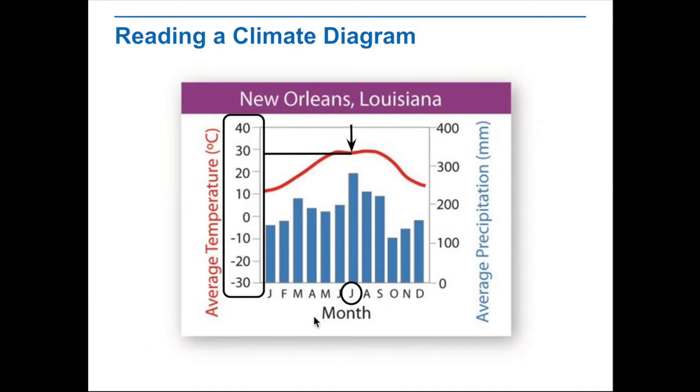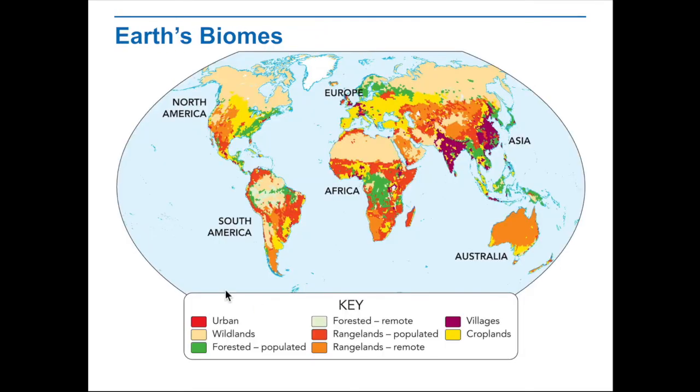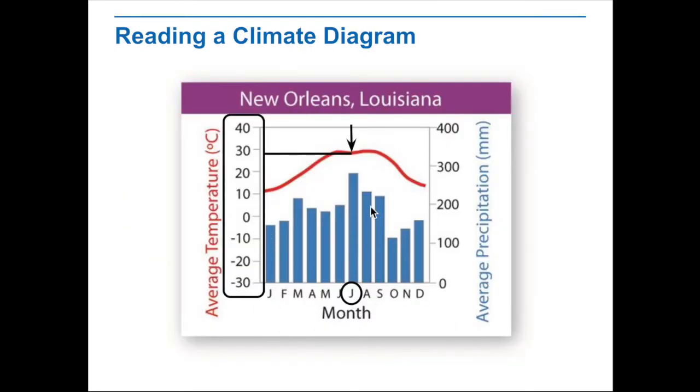One more question. What season is New Orleans the rainiest? What do you think? Well, we're going to look for the tallest bars here. And if we're going by season, we're looking at spring, summer, winter, or fall, right?